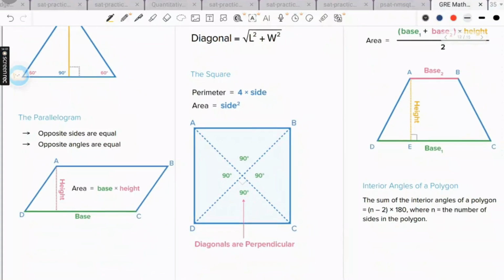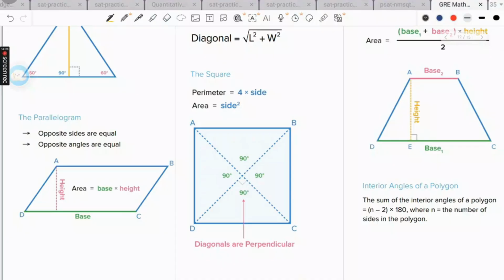Parallelogram. Parallelograms are the most important of the important quadrilaterals. The reason I'm saying that is because many other shapes are parallelograms. The area of a parallelogram is base times height.